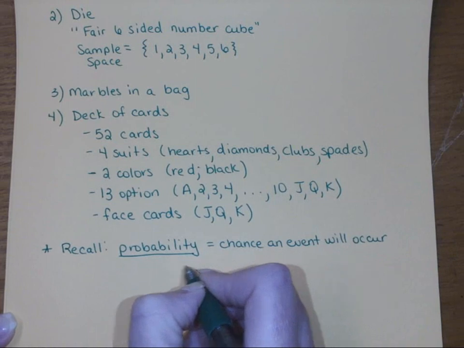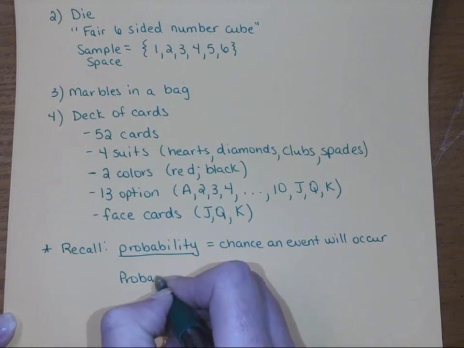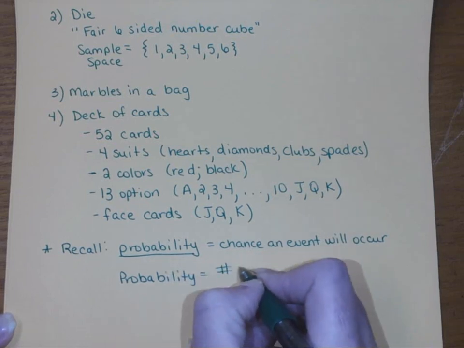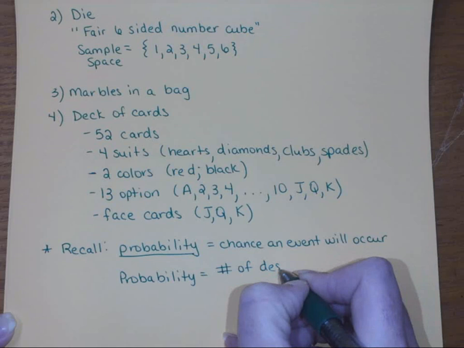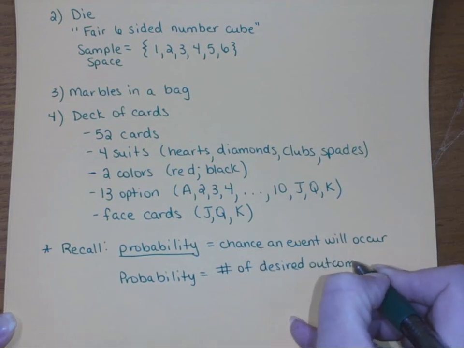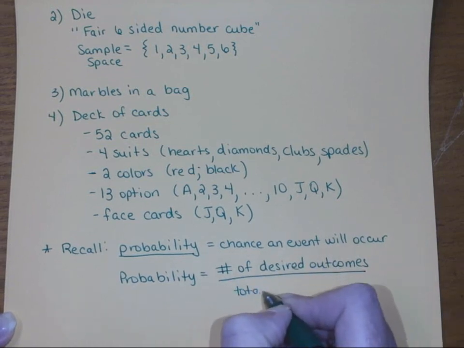And if we want the formula for probability, it is the number of desired outcomes on top over the total number of outcomes. So in other words, how many opportunities do we have for what we want to happen to occur, that goes on top, over the total number of options on the bottom.